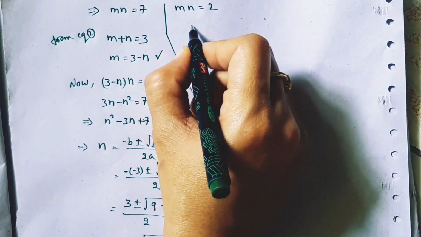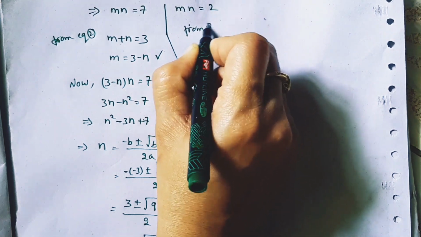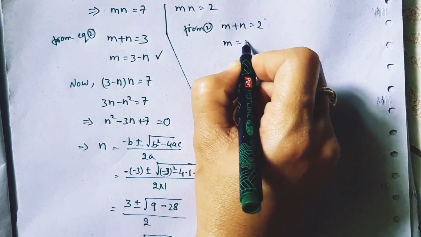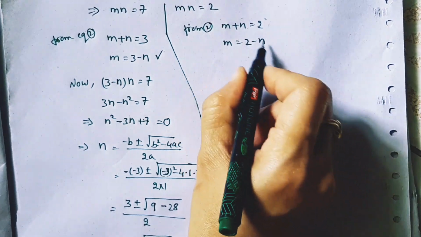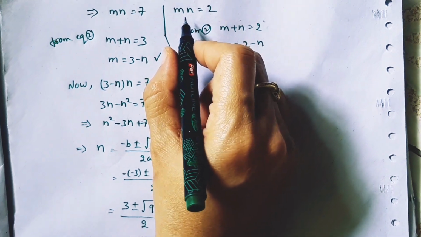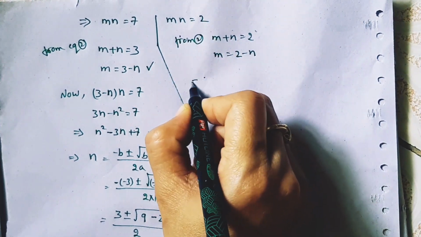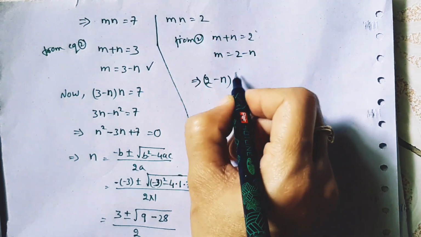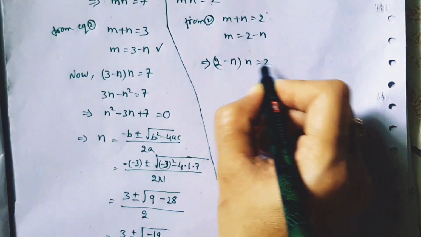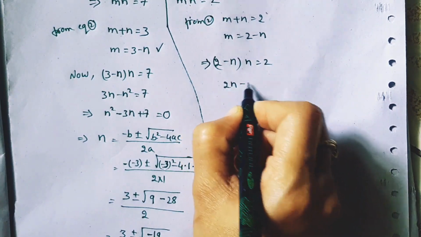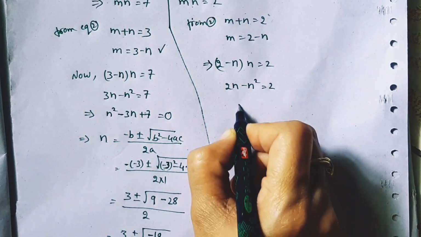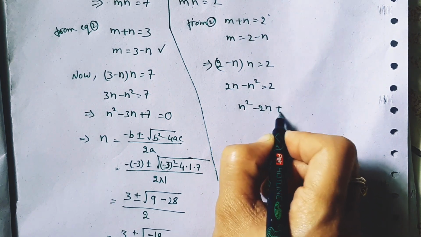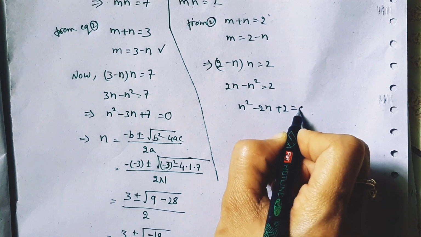Again, mn equals 2 means from this we can write m plus n equals 2, where m equals 2 minus n.